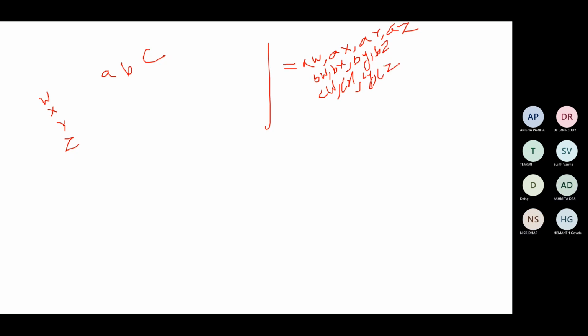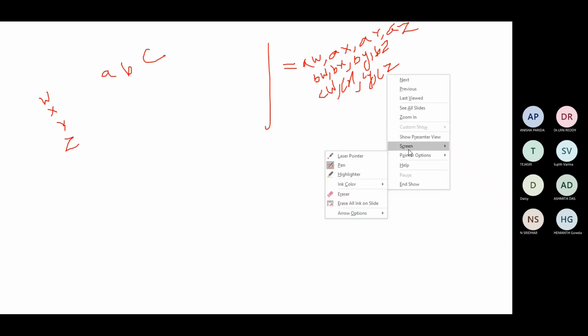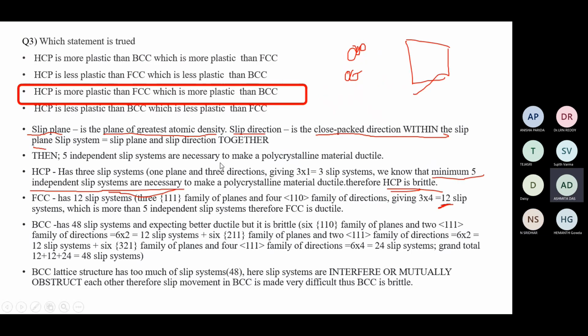So how many slip systems will be formed? 1, 2, 3, 4, 5, 6, 7, 8, 9, 10, 11, 12. Clear? Yes, ma'am, clear. Okay. So FCC has 12 slip systems, 3 families of planes and 4 families of directions. So 12 slip systems, which is more than 5.